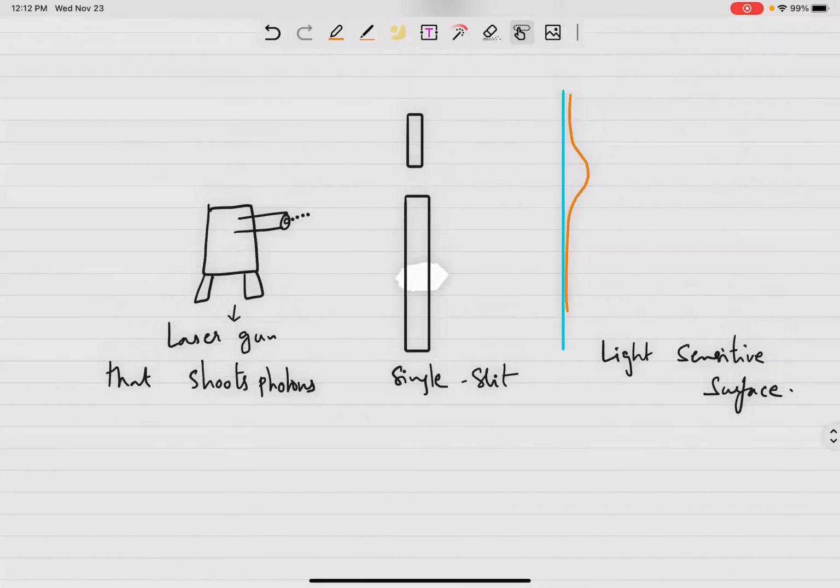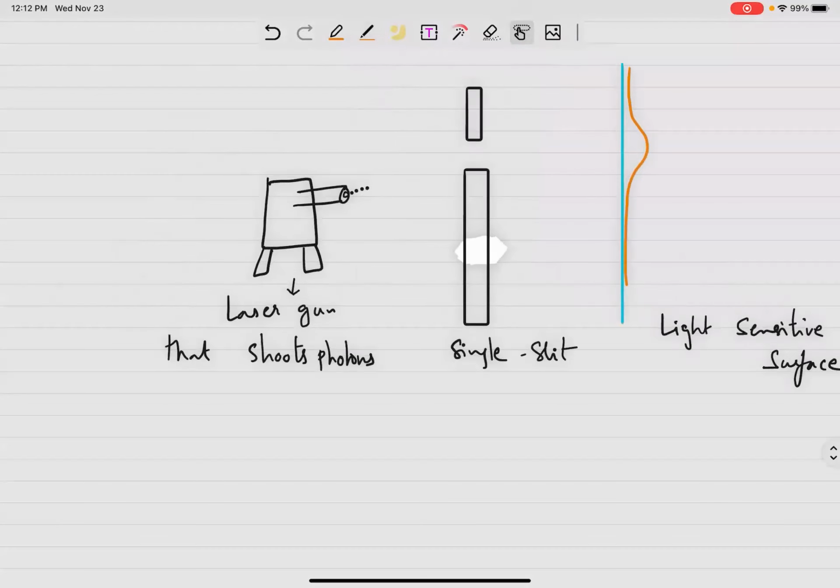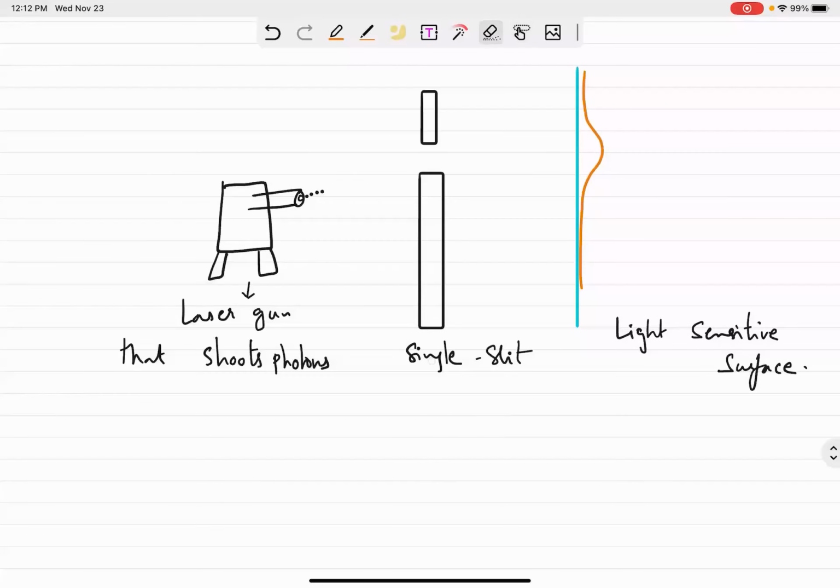You can also ask what happens if I do the same thing with a double slit.